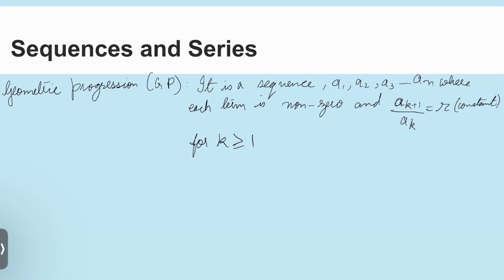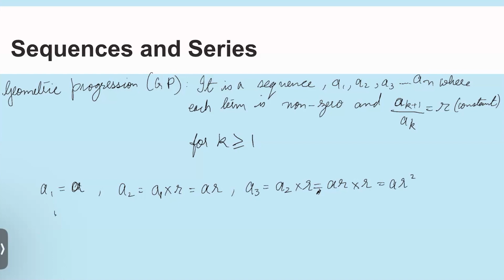Now you can see that, suppose your first term is say A. Now your A2 would be A1 multiplied by something, A1 into R, so that is AR. Now your A3 would then be A2 multiplied by R. A2 is already AR, multiplied by R, so you can write this as AR square.